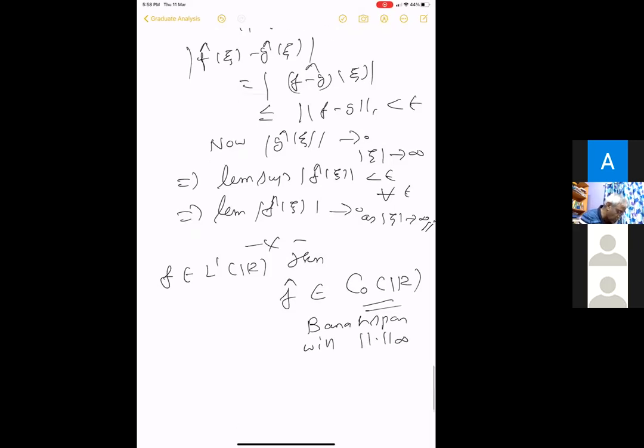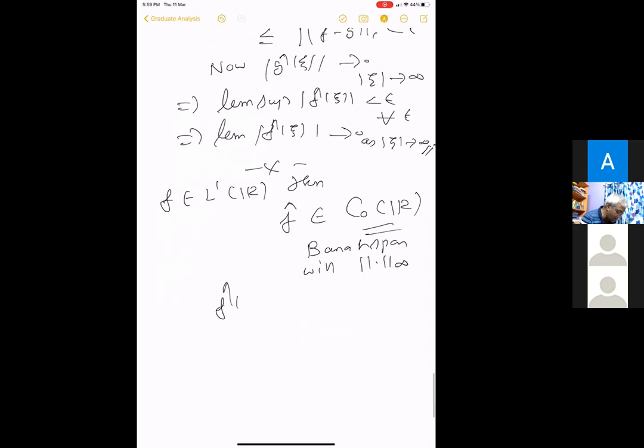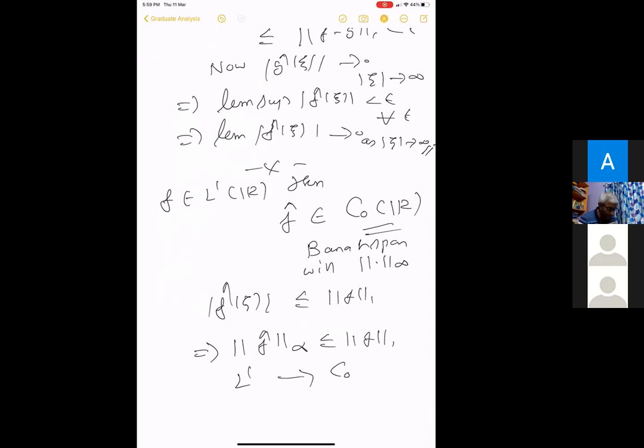And we have proved that the modulus of f hat xi is less than or equal to the norm f1. So taking the supremum, the infinity norm of f hat is less than or equal to the norm of f in L1. So the Fourier transform is a contraction from L1 to C0. Contraction means the norm is at most 1.